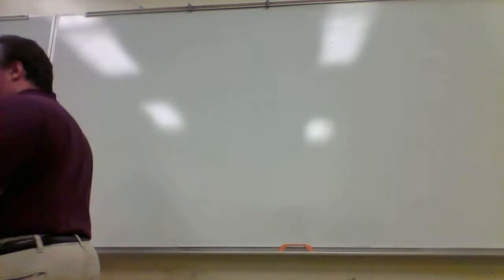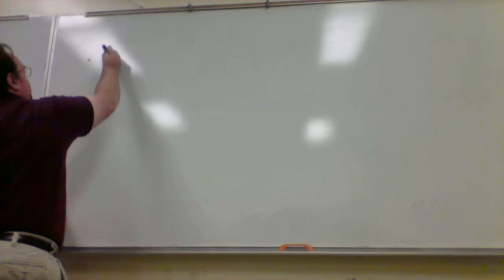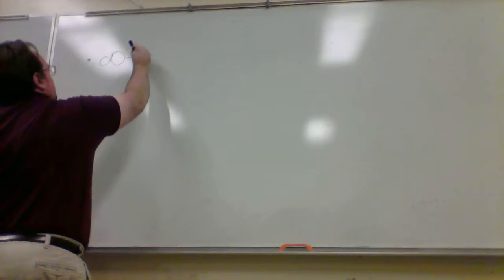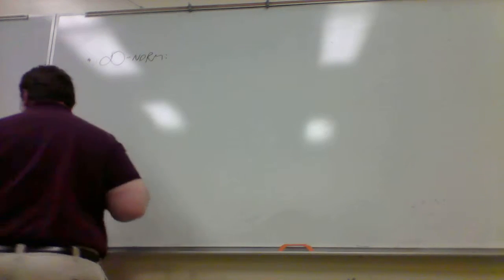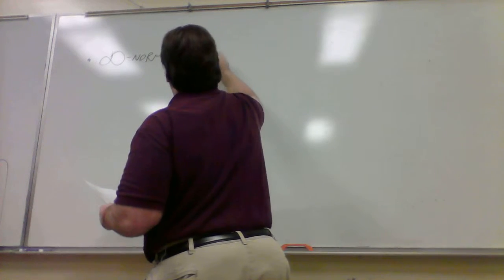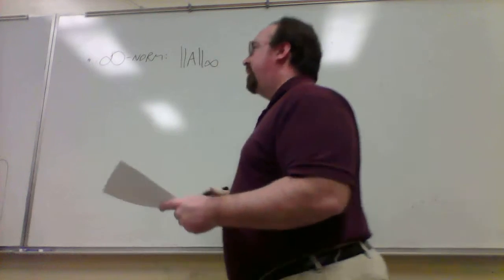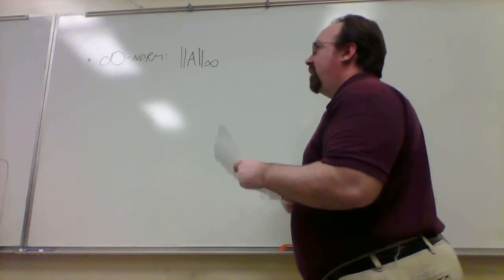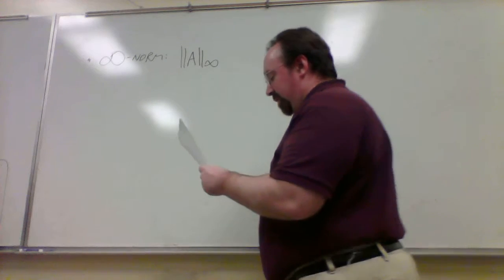Okay, and the next norm on the list, the infinity norm. Now, in this case, I'm just going to give you a formula, but I can tell you that the way you would prove it is a very similar approach to what he did for the 1 norm.